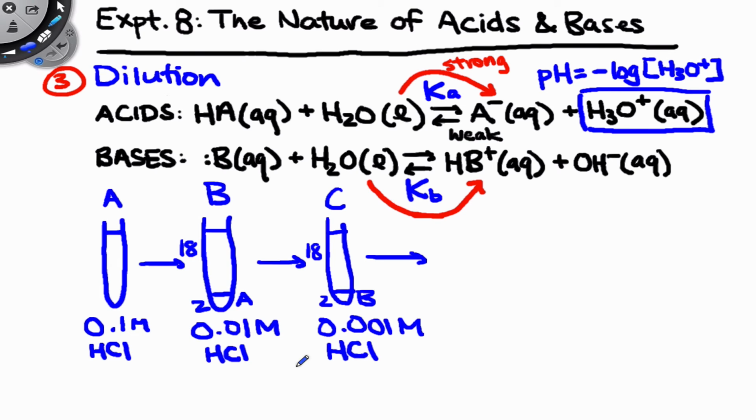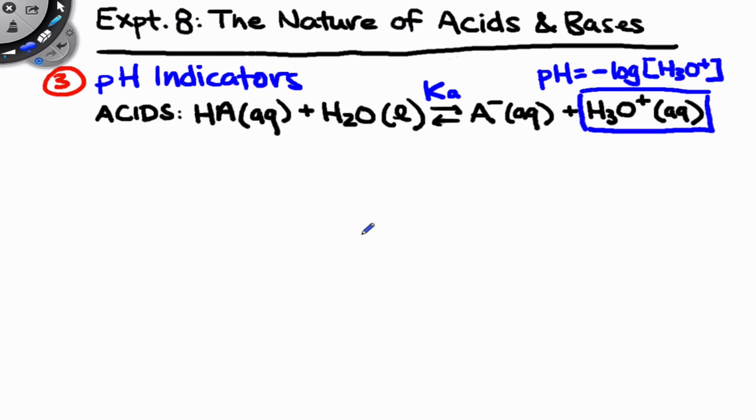So what we can say, for example, about the acidic solutions is that as we add water, we're lowering the concentration of the acid, and that intuitively should lower the concentration of H3O plus in the solution. So that should drive the pH up as we dilute the solution. But how much it goes up with each dilution is going to depend on the strength of the acid or the base, and you'll see how this works in the pre-lab.